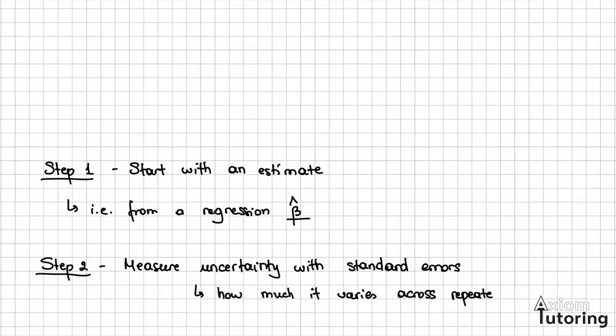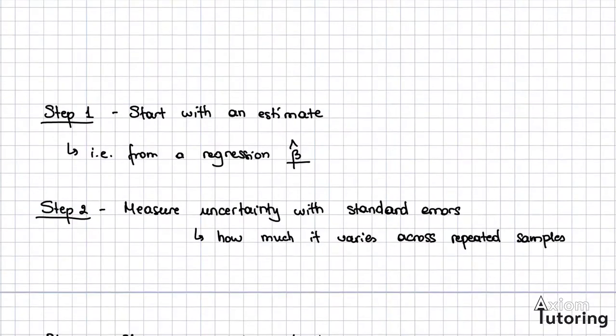Large standard errors would mean that you have noisy estimates, and small standard errors mean precise estimates. So this is why the variance has been such a central concept throughout this series.